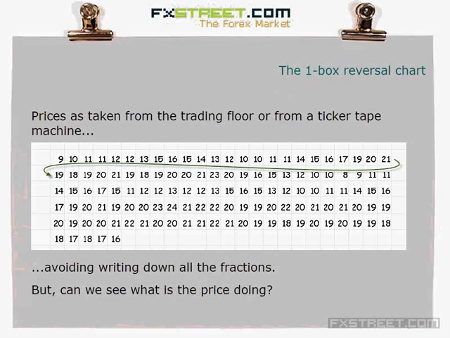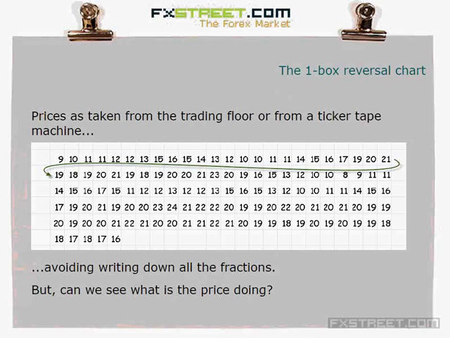So imagine you take a piece of paper and as prices are being ticked, you take note of the sequence. So it starts at 9, goes to 10, 11. 11 is again quoted, 12, twice 12, 13, and so on. So it moves. Then the second row from 21 to 19, 18, 19 again, and so on.